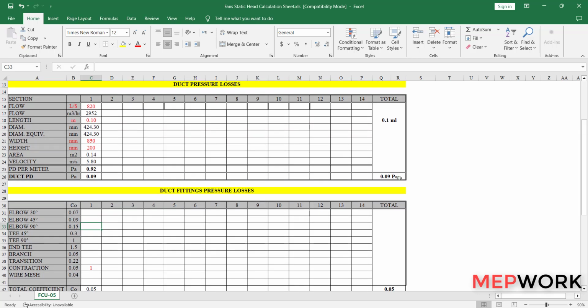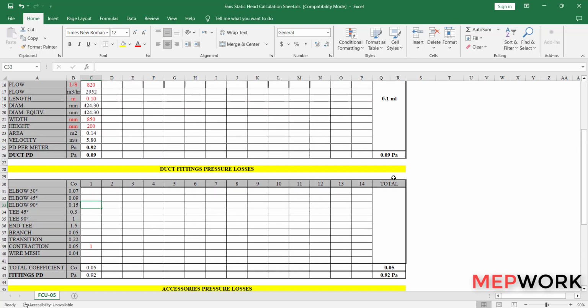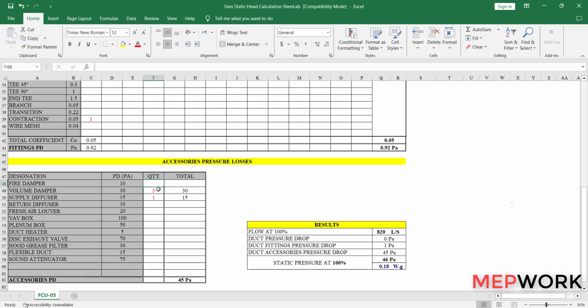The duct pressure drop is calculated in this cell, and the fitting pressure drop is calculated in this cell. The total pressure drop is calculated in this cell.